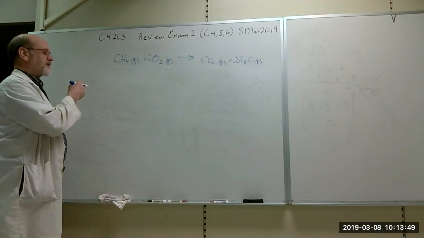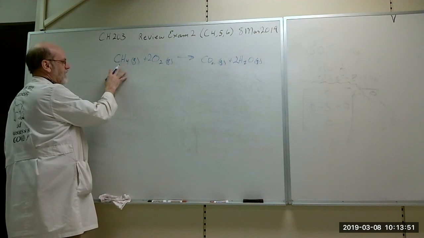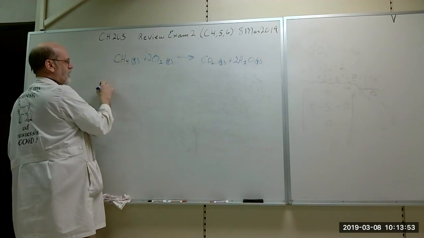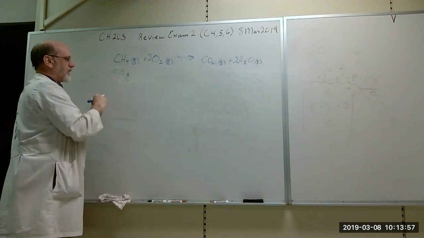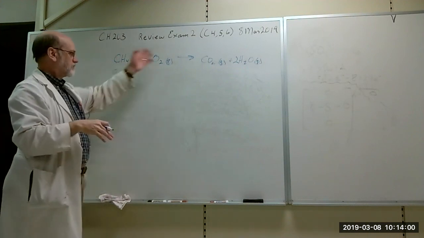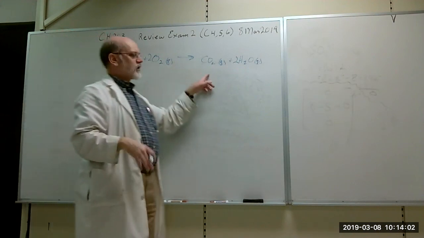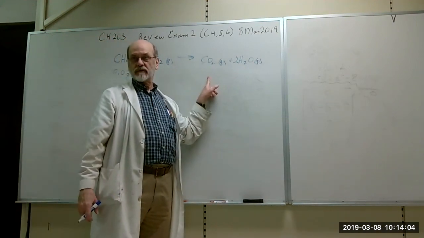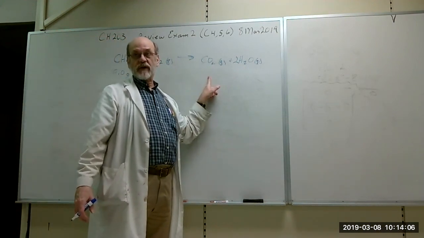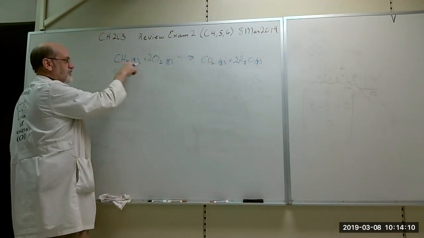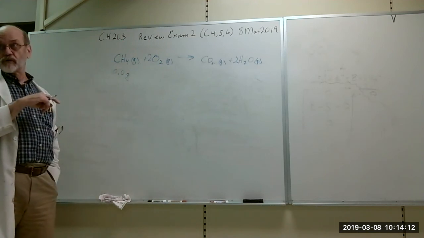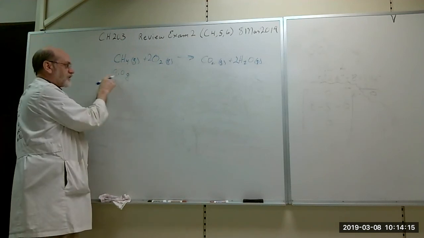So what that means is, if you have a mass of methane, say 10 grams, then you can use this formula to tell you how many grams of carbon dioxide that will produce. The trick is that this is not in terms of grams, this is in terms of moles. So you got to convert to moles first.